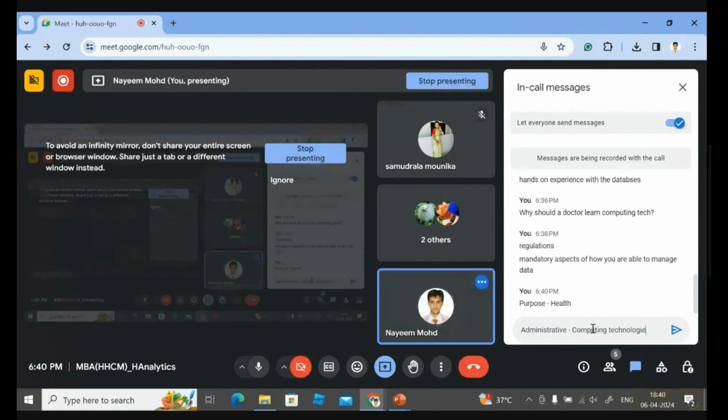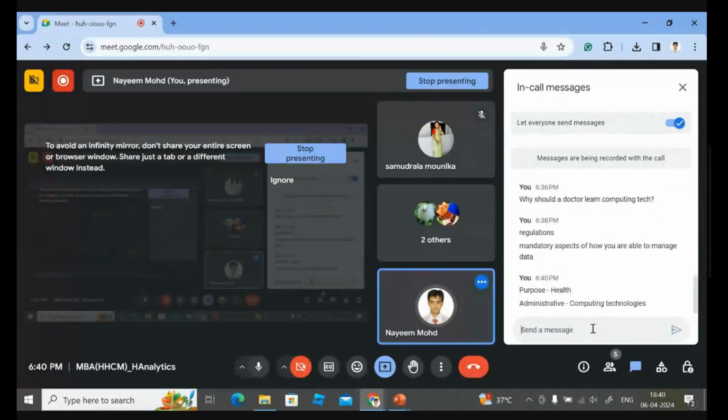I'm writing again in the chat box just to reiterate, and these pop-up messages would appear before you, and you will be able to easily make out the differences. From the health point of view, yes, it's very crucial, and from the administrative side, nowhere else can you present and preserve the data better than the computing technologies.